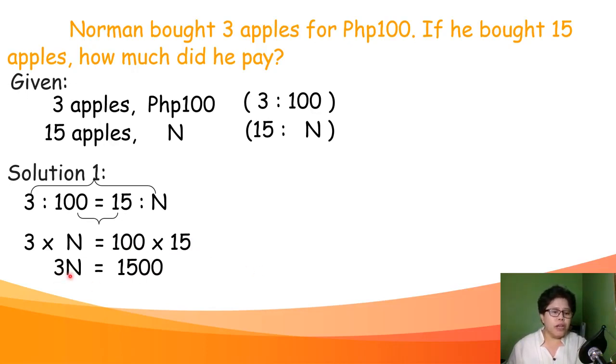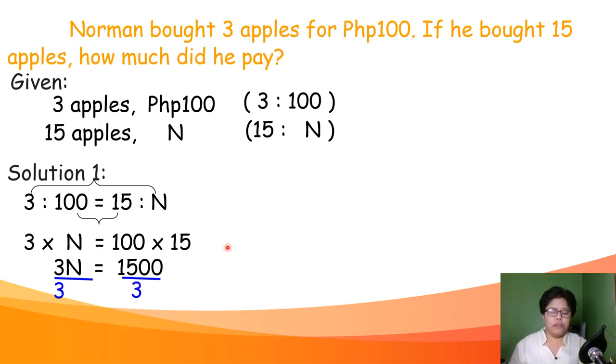And para mawala yung 3, okay, edi i-divide natin by 3 para maiwan na lang ang n dito sa gilid. Okay, kasi gusto nating isolve what is n. So, dapat n na lang ang matira dito. So, para mawala yung 3, divide mo by 3, then divide mo rin by 3 dito. Yan. Okay? Dapat tandaan na kung ginawa mo sa kaliwa, gagawin sa kanan.